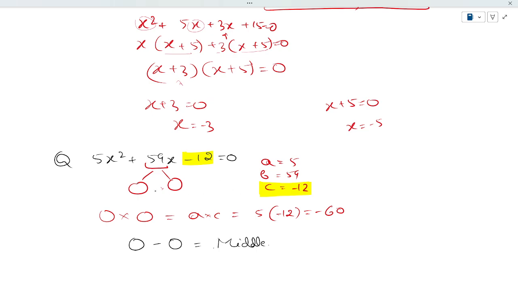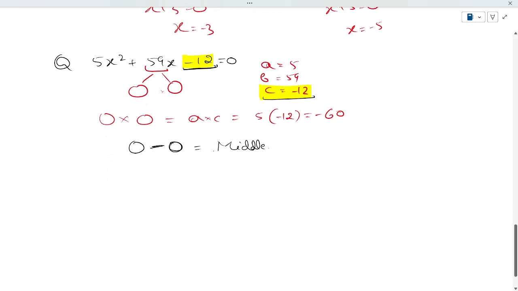Earlier we have learned that we have to add two numbers to reach the middle term, but when the constant term is negative, here you have to subtract two numbers to reach the middle term, right?